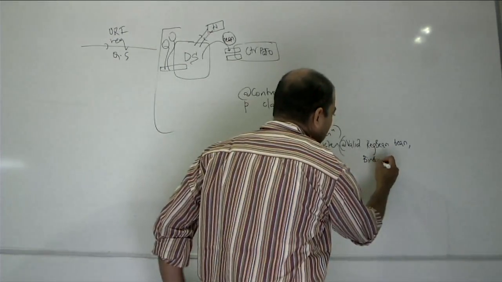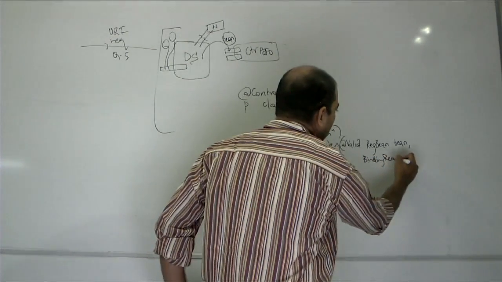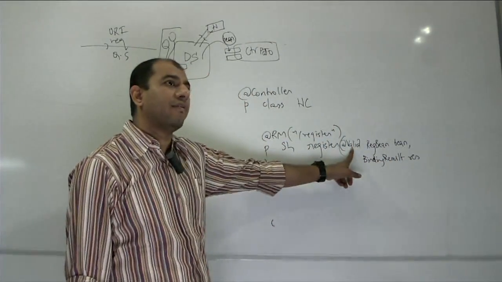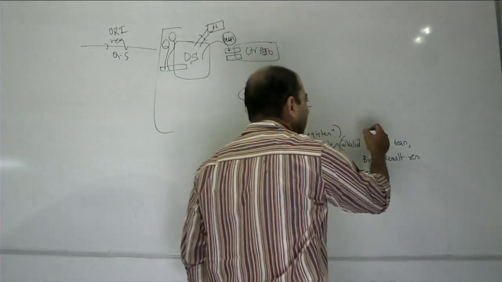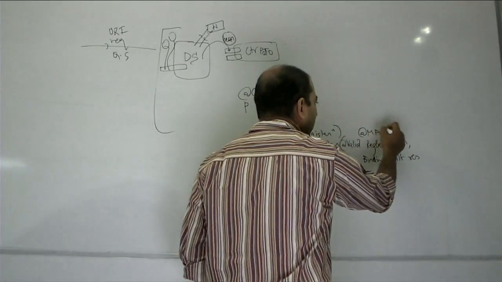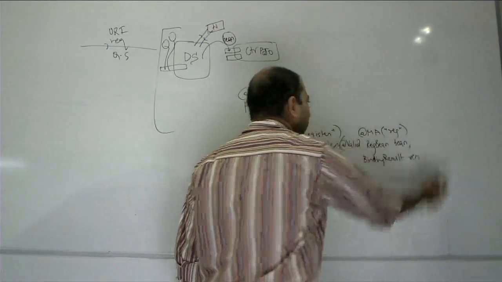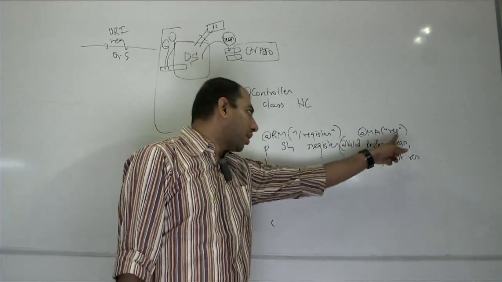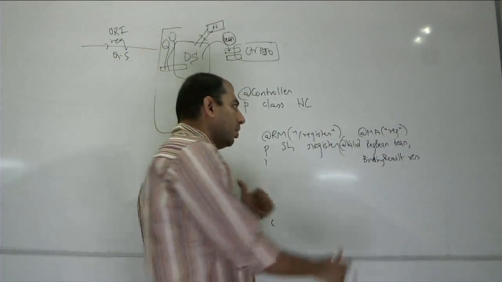So BindingResult will hold what? All the results of validation. And then we want to save it as a model attribute, etc. You will have @ModelAttribute, double quotes, reg, for the form action linking, right? So @Valid, @ModelAttribute, whatever is the bean label, and then BindingResult.